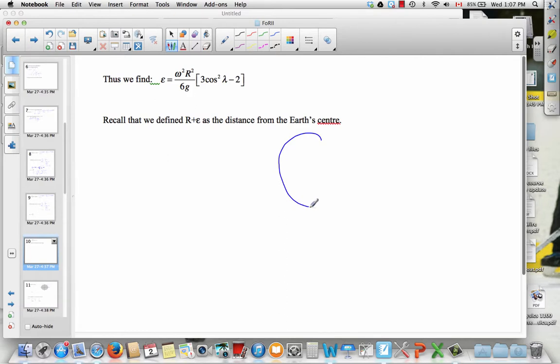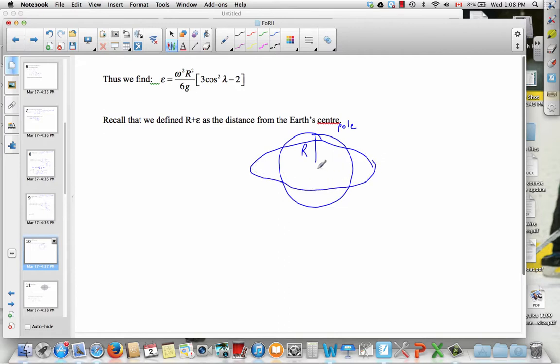Now, r plus epsilon is the distance from the Earth's center. So here's r. So this would be a sphere of radius r. And then what's going to happen is, if this is the pole and this is the equator, you're going to find something, and I'm grossly exaggerating this effect.